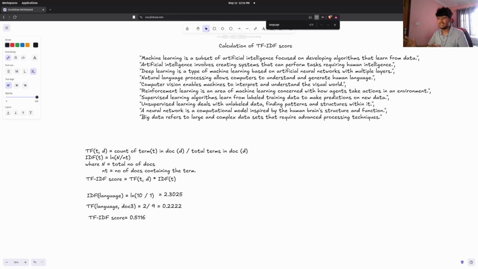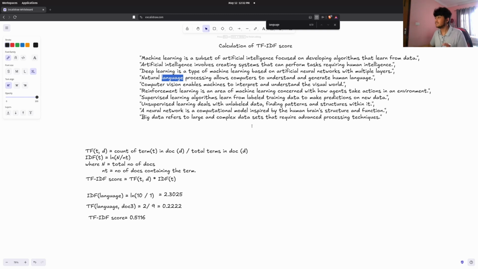Now what about the IDF score? The IDF of any term T is the natural log of N divided by n_t, where N is the total number of documents and n_t is the number of documents containing the term. Here the total number of documents is 10, so we can count this. For the term language, it is found only in document 3.